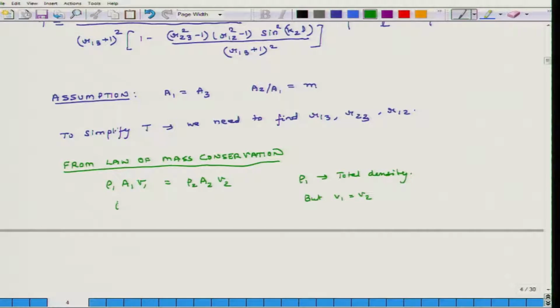So, if that is the case, then rho 1 A1 equals rho 2 A2, or rho 2 equals rho 1 times A1 by A2. So, rho 2 is equal to rho 1 by m.